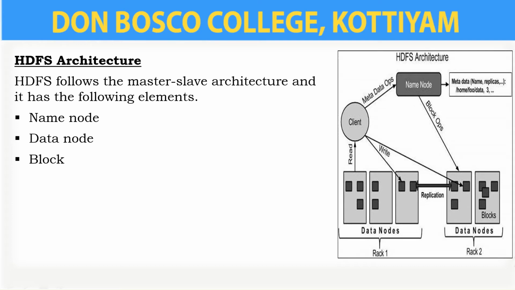Apache Hadoop HDFS architecture follows a master-slave architecture, where a cluster comprises a single name node and all the other nodes are data nodes. HDFS can be deployed on a broad spectrum of machines that support Java. And the main elements of HDFS are name node, data node, and block.